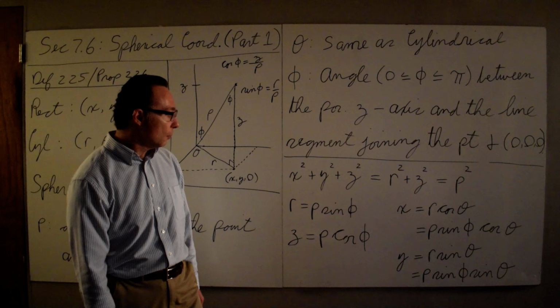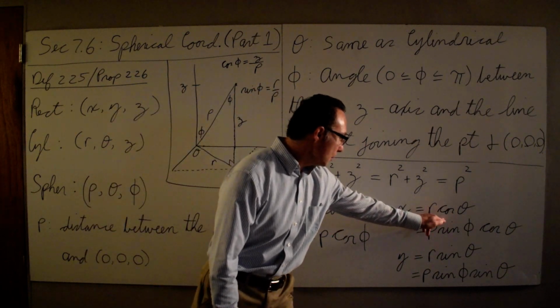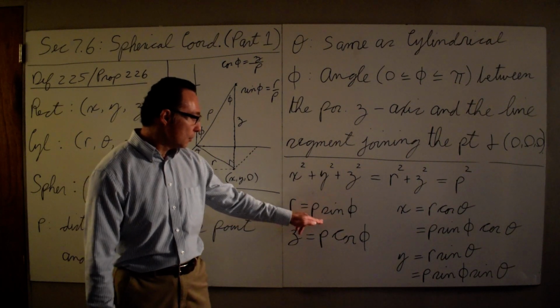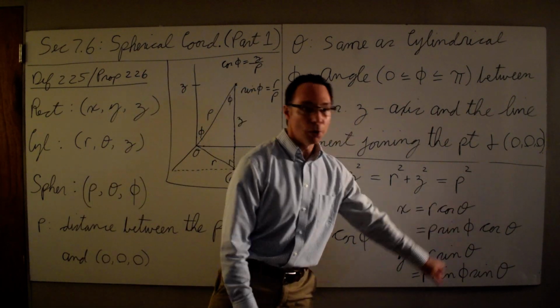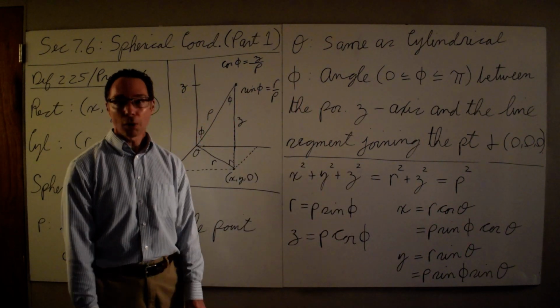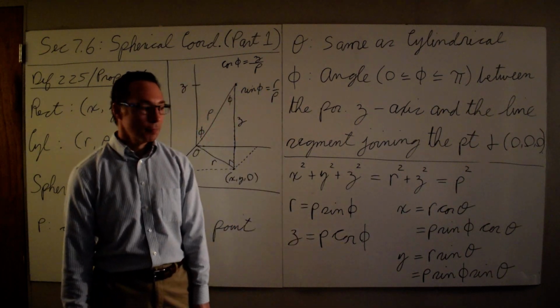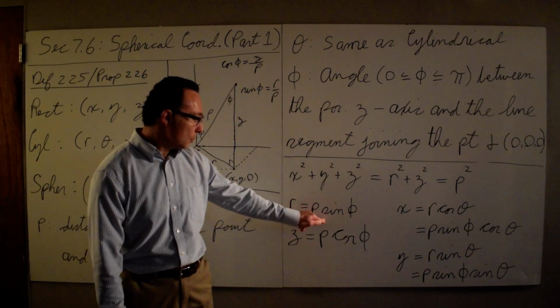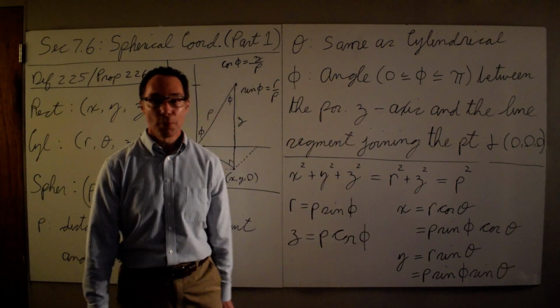We already know that x is r cosine theta. So x is r cosine theta, and since r is rho sine phi, that means x is rho sine phi cosine theta. We already also knew that y is r sine theta. And since r is rho sine phi, y is rho sine phi sine theta.